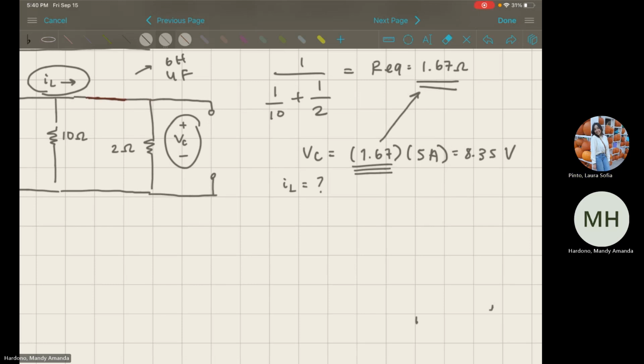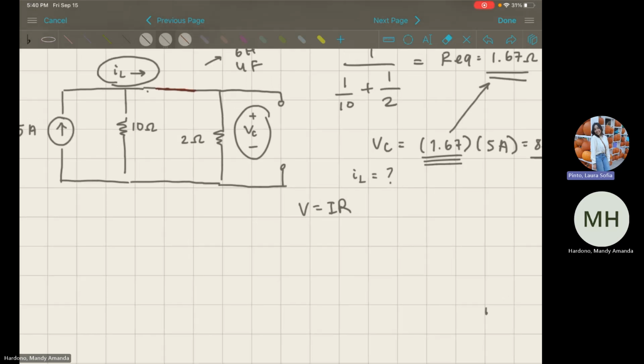So if we do Ohm's law, V equals IR. We want to find IL, right? Or wherever the inductor used to be.